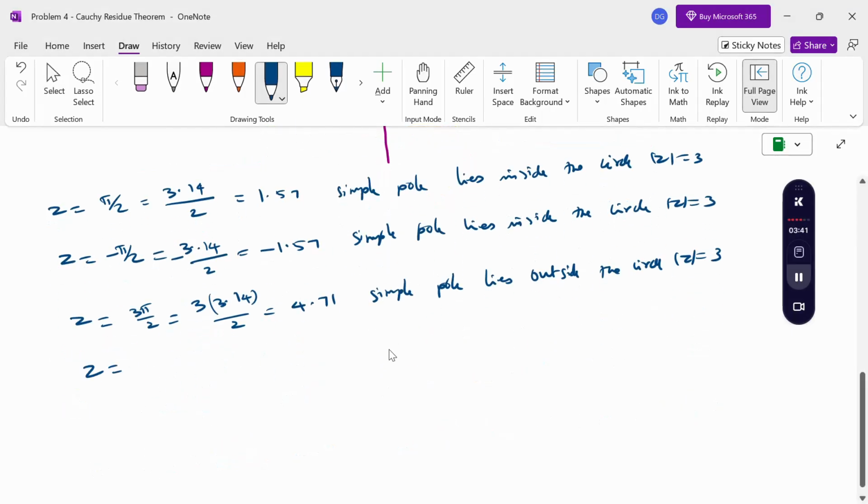Similarly, Z equal to minus 3 pi by 2, also 4.71, is a simple pole that lies outside the circle.